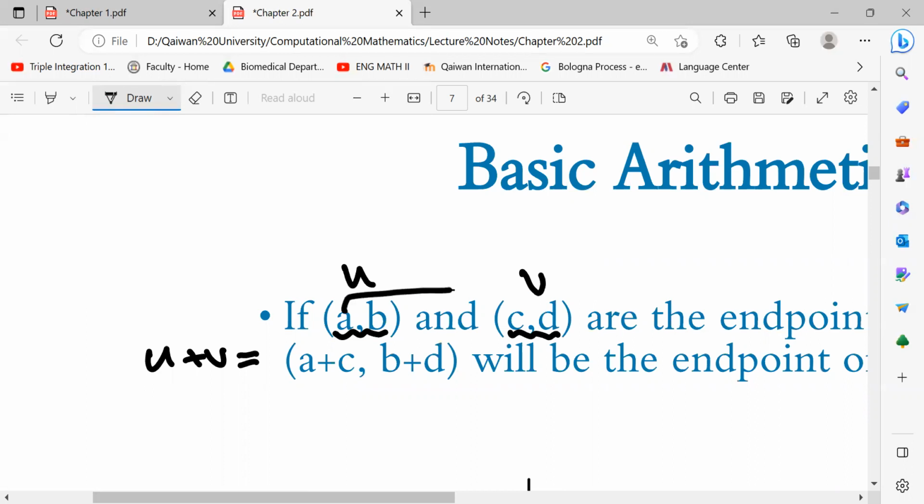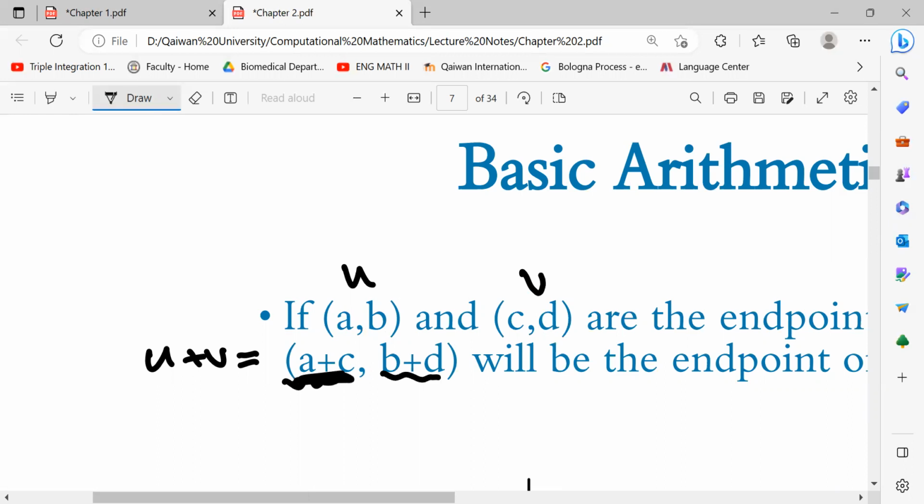We just add these elements together in the same position: a with c and b with d. Even if we have more and more elements, we do the same. So u plus v is a plus c and b plus d. In adding two vectors, we get a vector with the same number of elements.